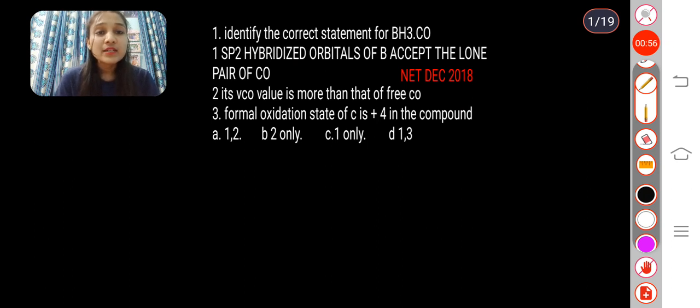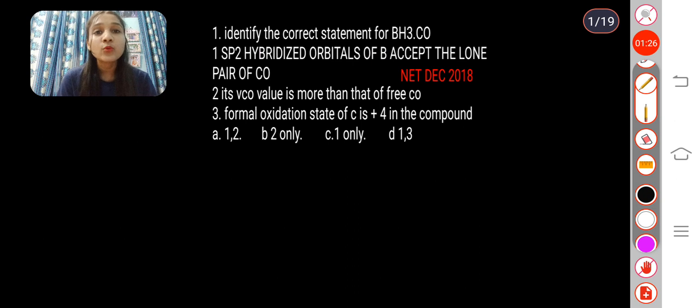Second, its nu CO value is more than that of free CO. Here nu CO is the stretching frequency of CO. So basically, the stretching frequency of CO in BH3CO is more than that of free CO, because here there is negligible chance of back bonding, since the ligand here is CO. CO donates its lone pair to BH3, but BH3 is already electron deficient.